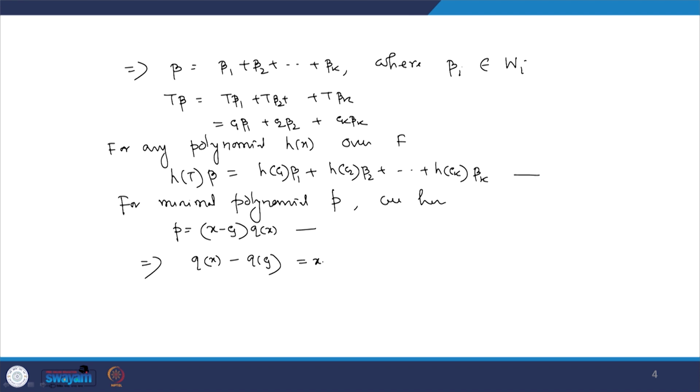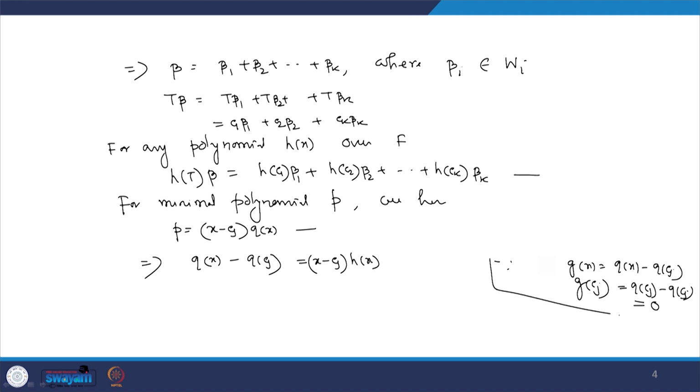So, I can say this is equal to x minus Cj into some polynomial H of x. Since if I consider, say, G of x equal to Q of x minus Q of Cj, then G at Cj equal to Q of Cj minus Q of Cj equal to 0.